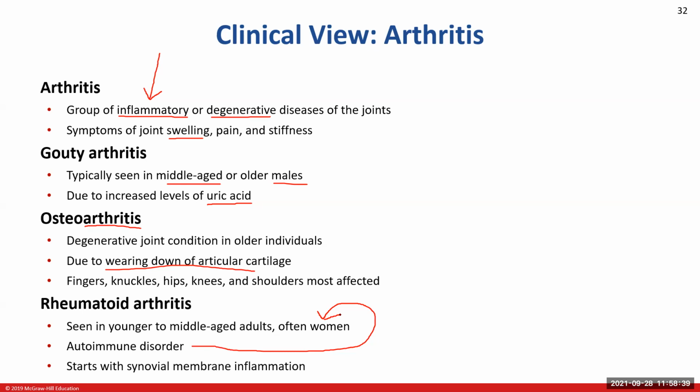What will happen is the synovial membrane becomes inflamed, and it creates this thing that's called the pannus. It's this inflamed synovial membrane that causes significant pain and reduction in range of motion. So these are some of the more common types of arthritis that we do see in individuals.